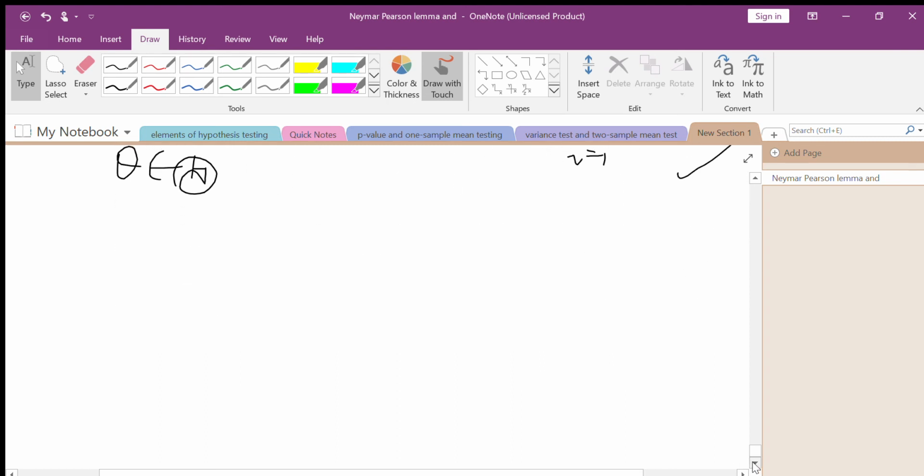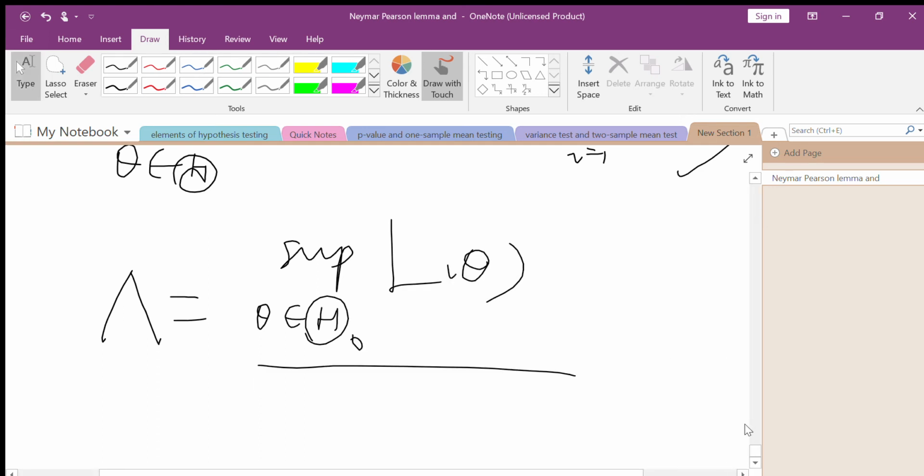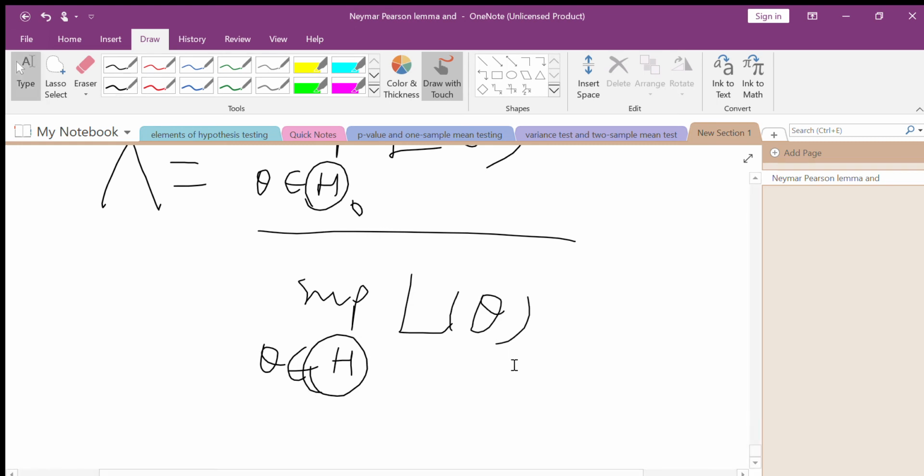And then we get this likelihood ratio test statistic capital Lambda, which is defined as the supremum over theta in capital Theta_0 of L(theta) divided by the supremum over theta in the whole parameter space of L(theta).